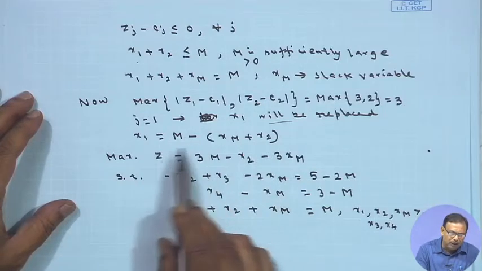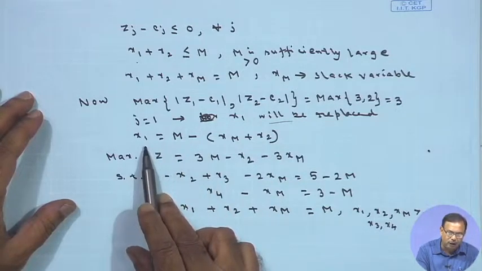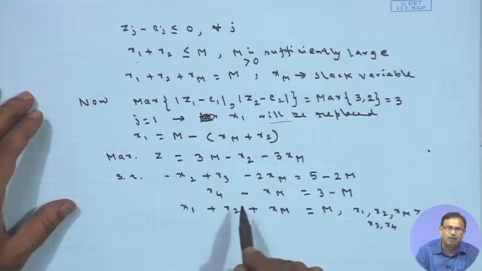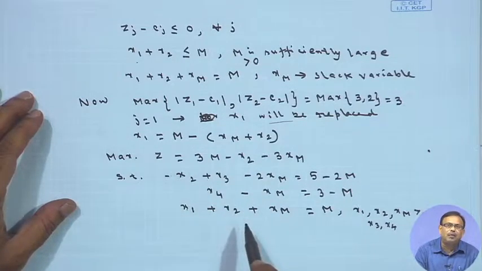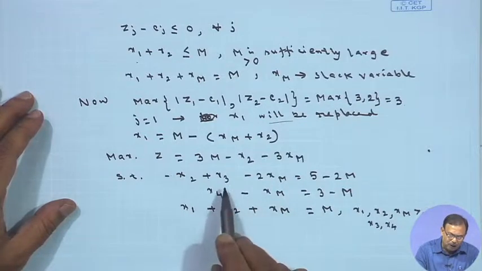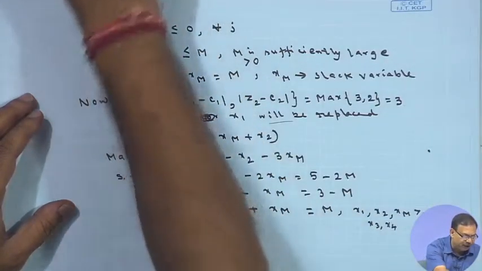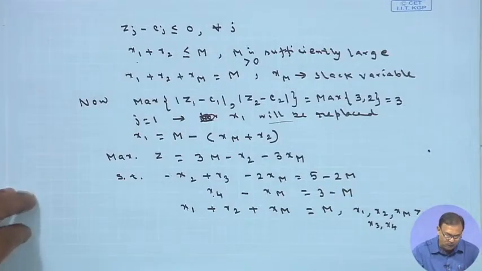Then by substituting the value of x1 in the original problem, I am reformulating the problem like this. Again I have to create the initial basic feasible table. For that, in the basis I will have x3, x4 and xM as the basic vectors in my table. So, from here let us formulate the table.